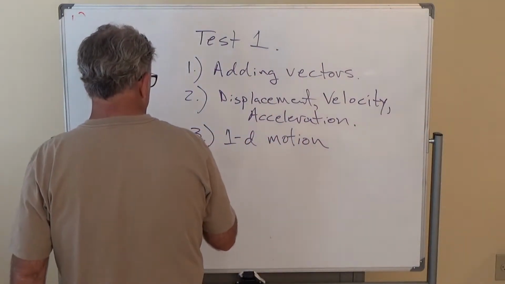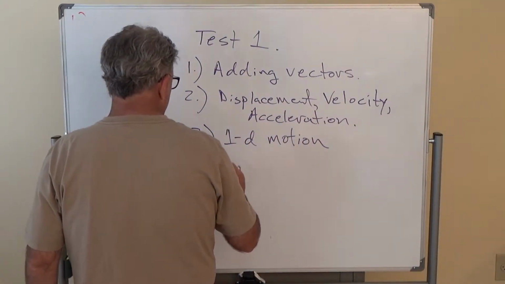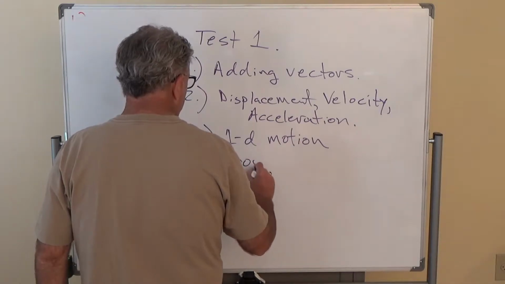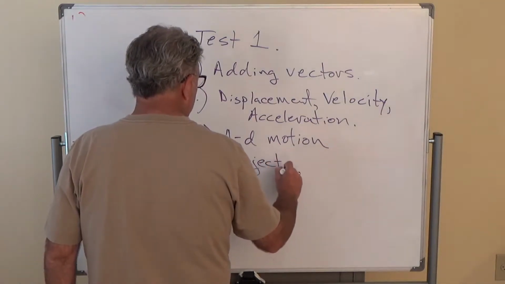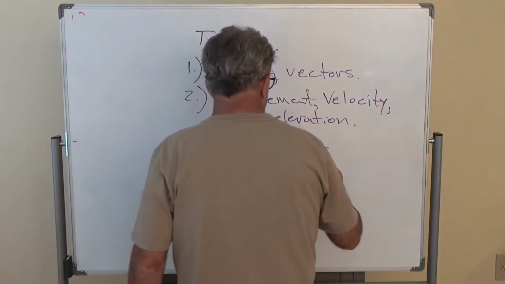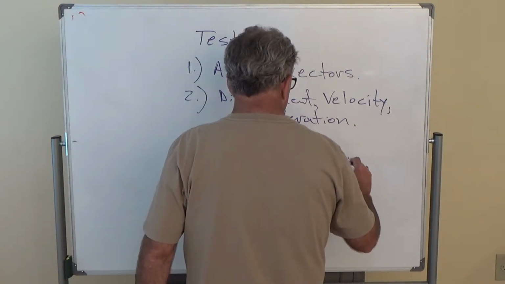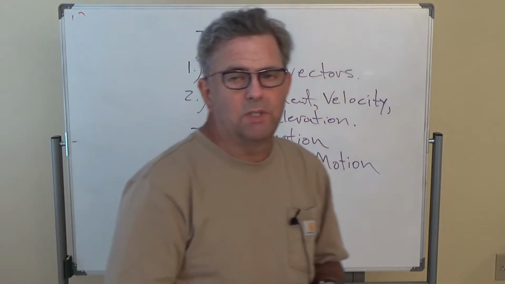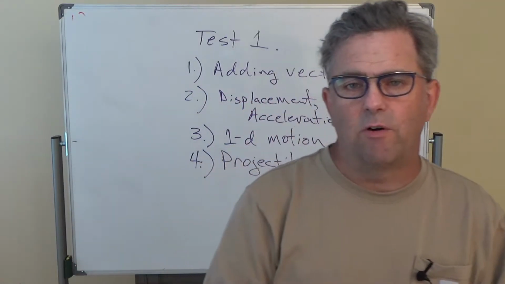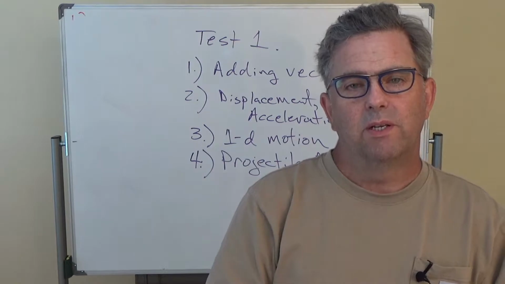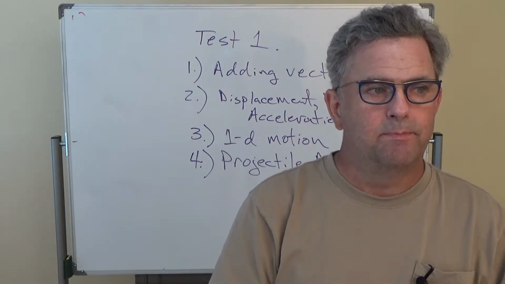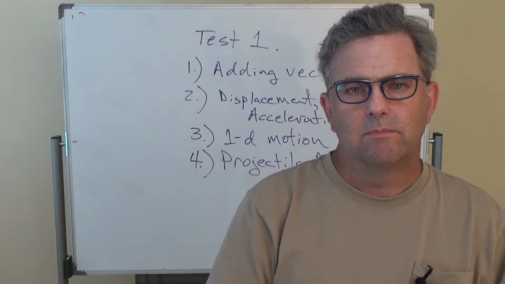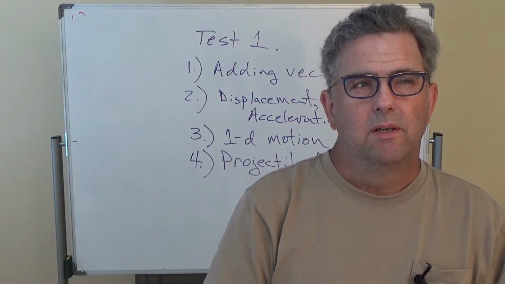Number 4. Some projectile motion problem. An object is launched at a particular angle. Where does it land? How far from the launch point does it land? All that kind of stuff.